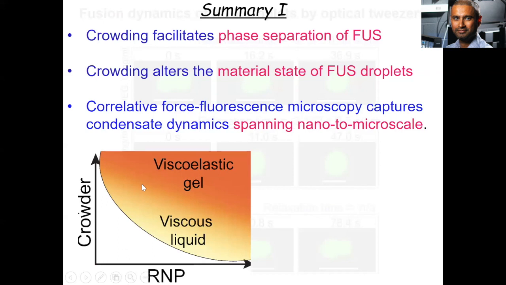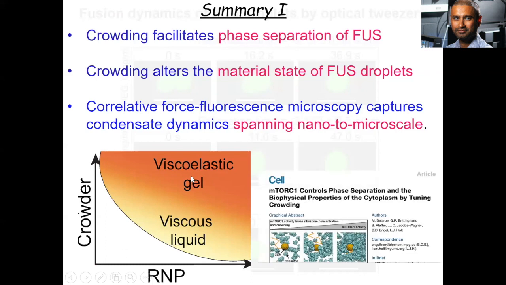And a model emerges from this study that crowding changes the state of condensation of the ribonucleoprotein from nothing to liquid to viscoelastic gel. And this could be very important and interesting if you think about how crowding could be controlled in cells.